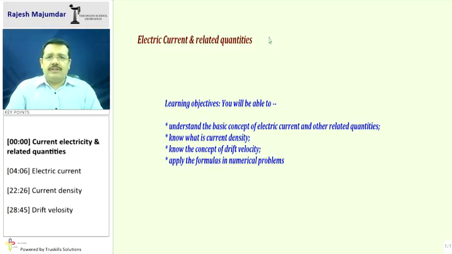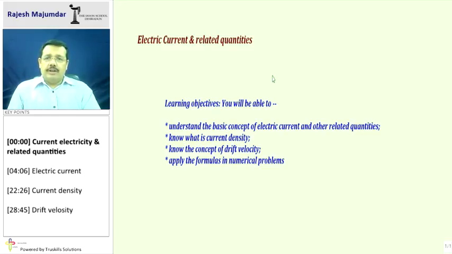Now these free electrons are able to move, and when they move in a particular direction forcefully across the conductor or a wire or anything which has large number of free electrons, that constitutes electric current.